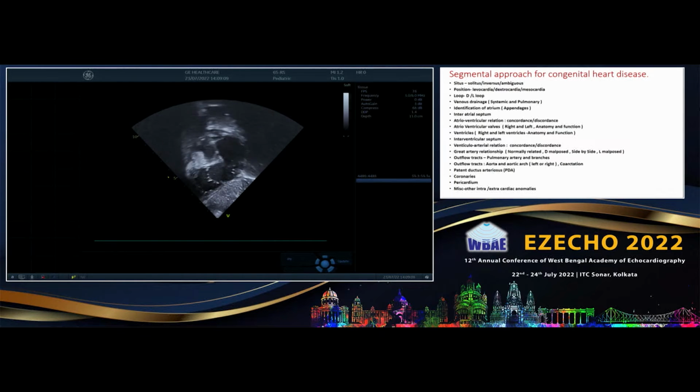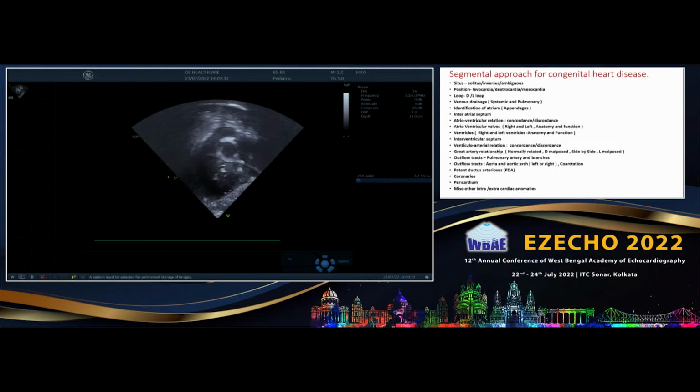Yes, so you are seeing 1, 2, 3, all three leaflets. So we can appreciate all three valves from the subcostal view. And this is the eustachian valve she's showing, a very nice demonstration of the eustachian valve. So keep on sweeping. I think you can go to the fourth chamber and show. I think we need to move on.